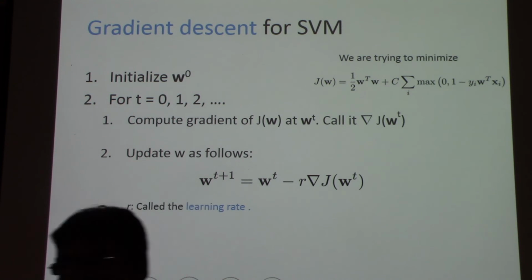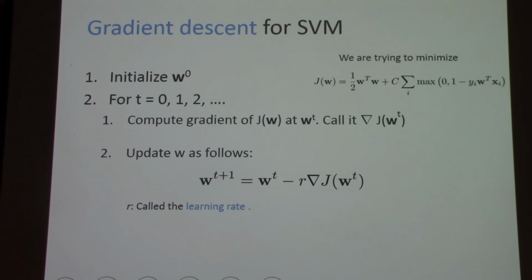That gives you a direction, which I'm calling nabla J, at the point wt, and you take a step in the opposite direction. So wt plus 1 is wt minus some r, some learning rate, some step size, times the direction of your gradient. This is your general strategy for gradient descent.